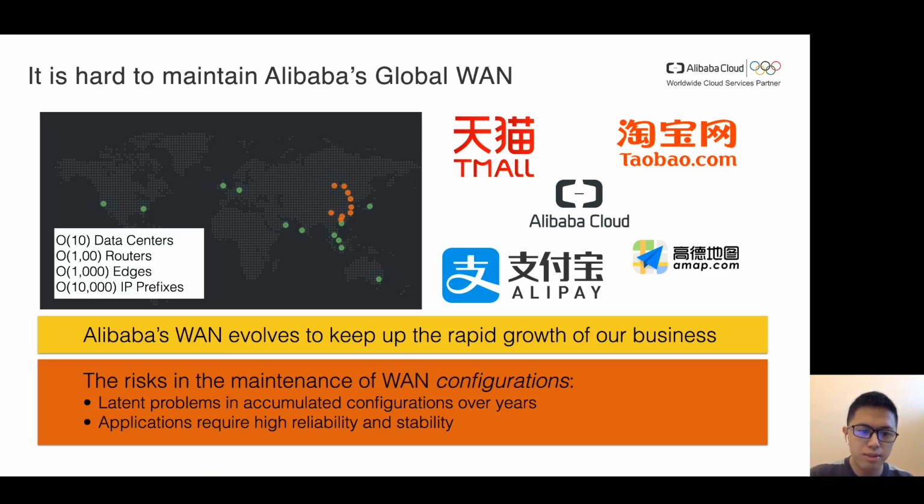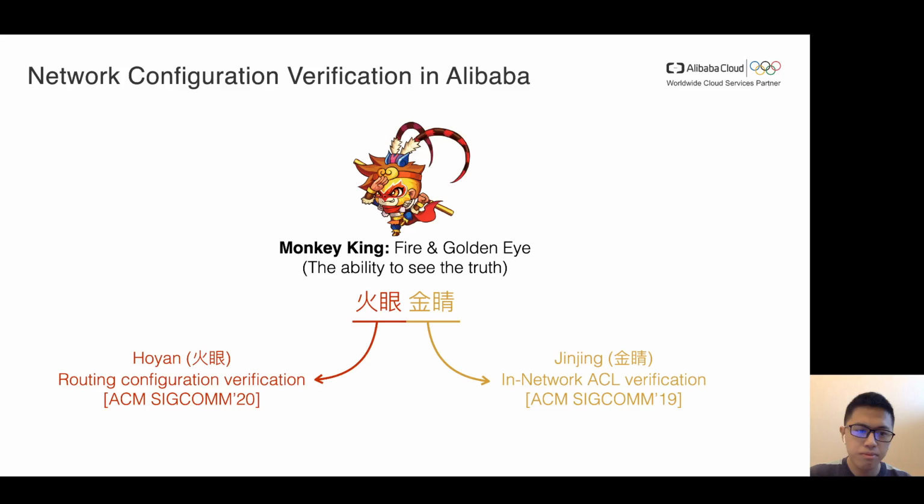As one of the largest service providers, Alibaba has a global network infrastructure to serve over 1 billion customers worldwide with its online services, such as cloud service, e-commerce, e-payment, online maps, and so on. Maintaining the configuration of Alibaba's network, especially our global WAN, is extremely challenging, because our WAN not only contains a large number of routers, IP prefixes, and links, but also involves multiple protocols, including BGP, IGP, static routes, as well as ACL rules.